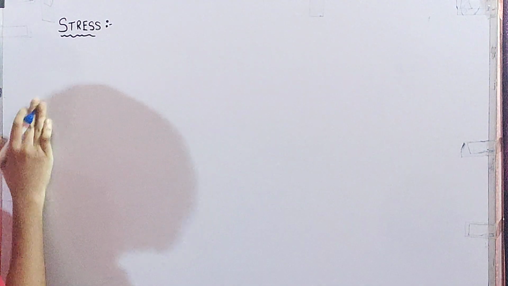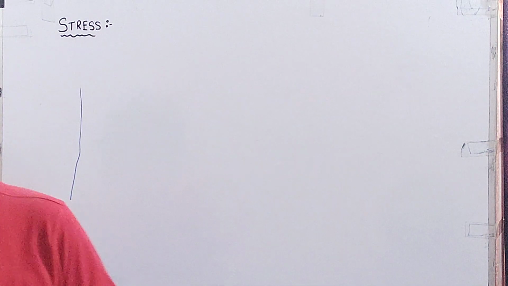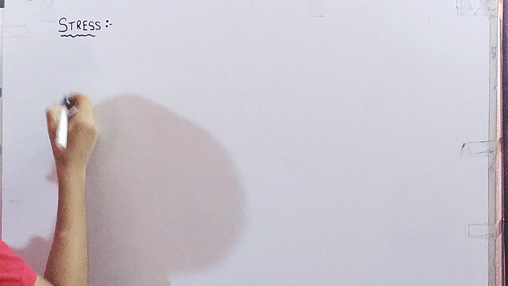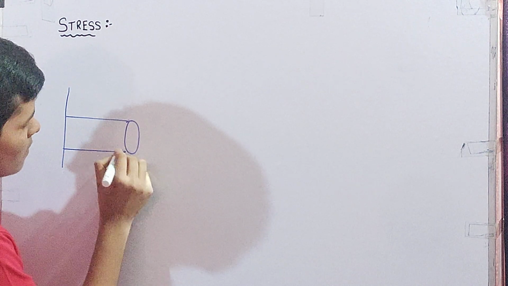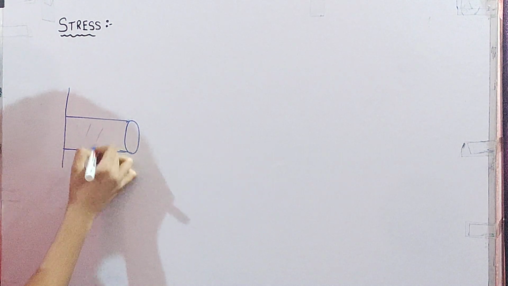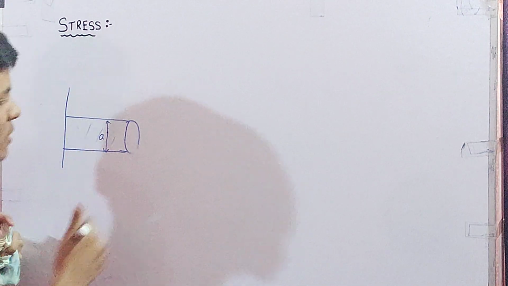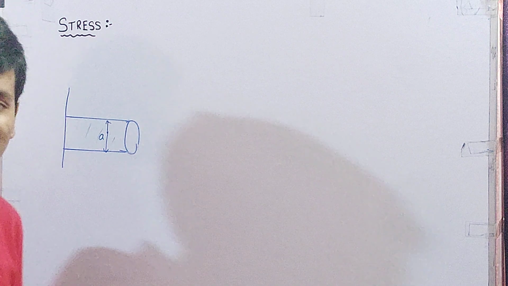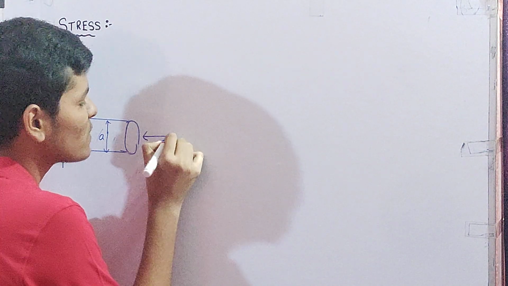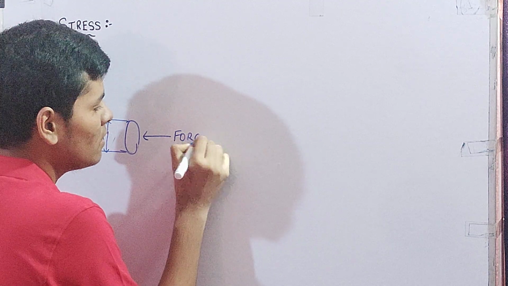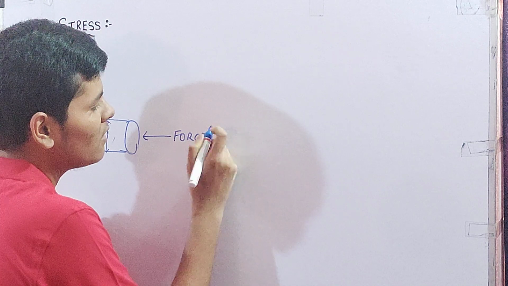Now let us suppose this is a body, or a much better body will be here. Let us suppose this is a body with a fixed cross-sectional area, just like a cylinder, somewhat like this. Now suppose we apply force over here. How much force? Let us say 50 newtons.